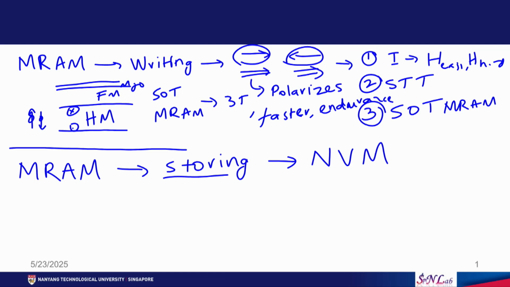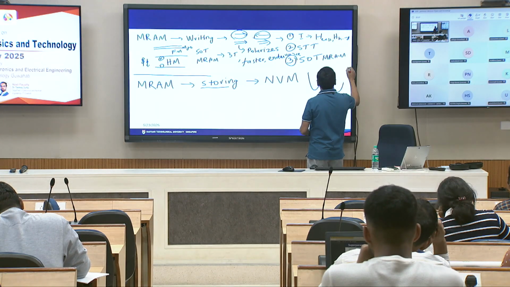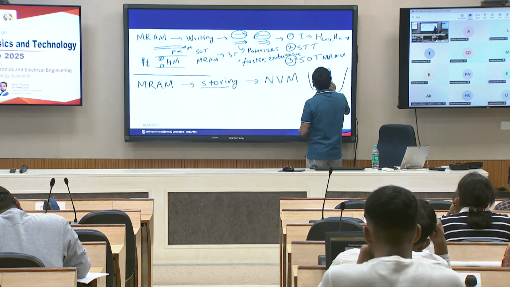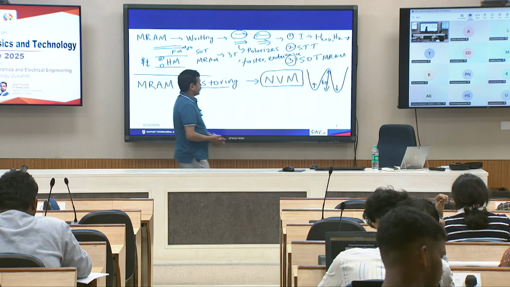Materials have anisotropy, and this anisotropy creates an energy barrier. This energy barrier prevents the magnetization from being flipped from one direction to the other. This energy barrier helps to retain the information, and it is the one that makes MRAM a non-volatile memory. NVM is non-volatile memory.